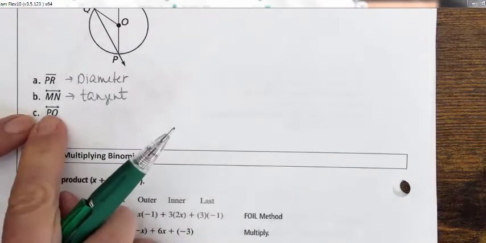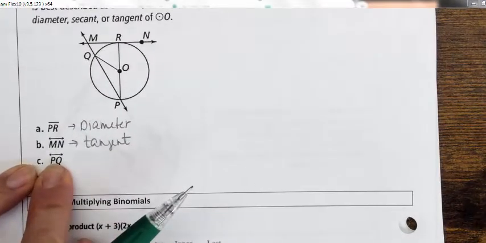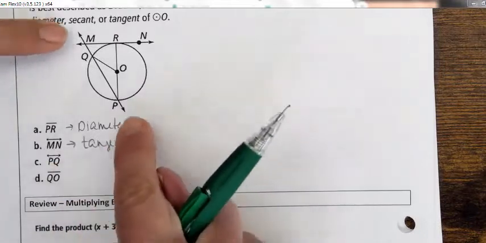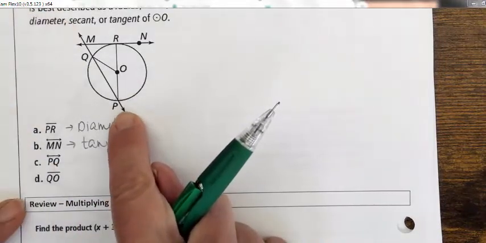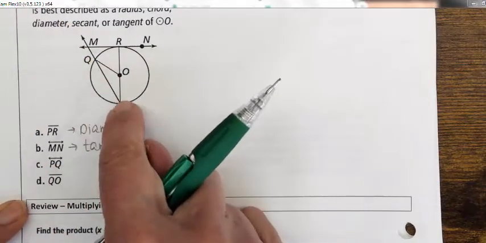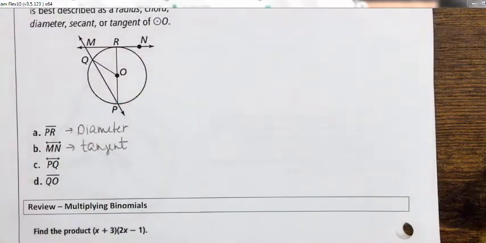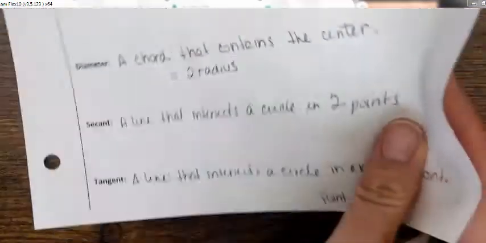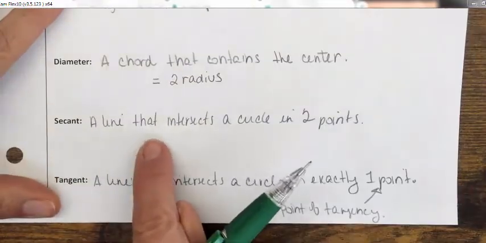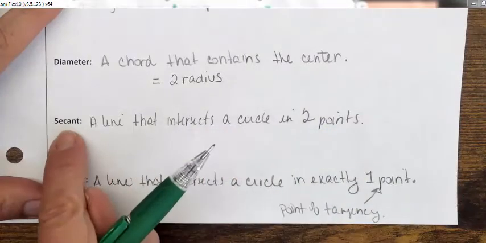Again, line PQ, so we don't have a lot of options here. Now it's intersecting the circle in 2 points. What kind of line intersects the circle in 2 points? A line that intersects a circle in 2 points is called a secant line.